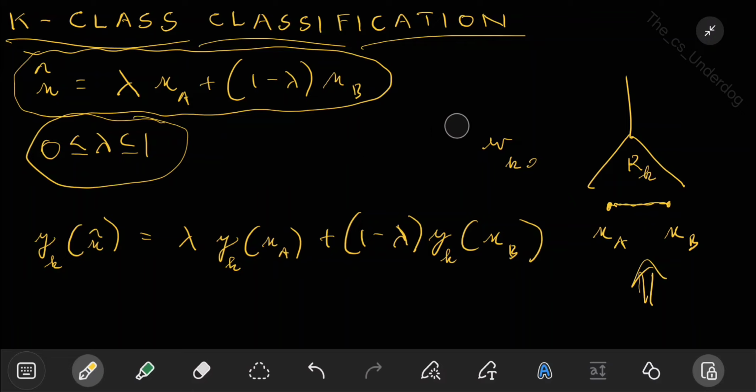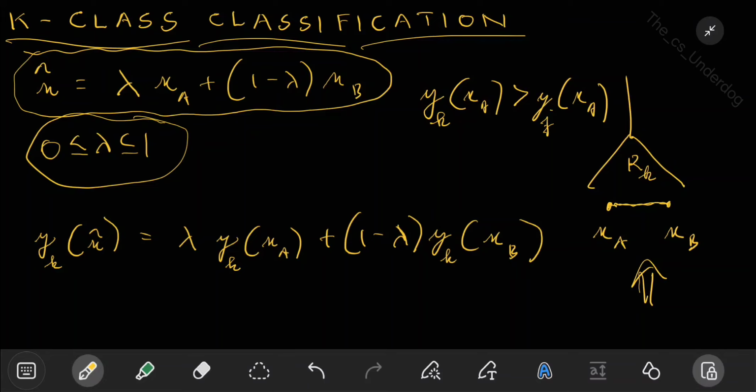What does that mean? By extension, that means yk of xa would be greater than yj of xa for any j, correct? This is the condition by which it should be in class K. You take the discriminant function K, the one which says it belongs to class Ck; it should be greater than all the other discriminants yj of xa.